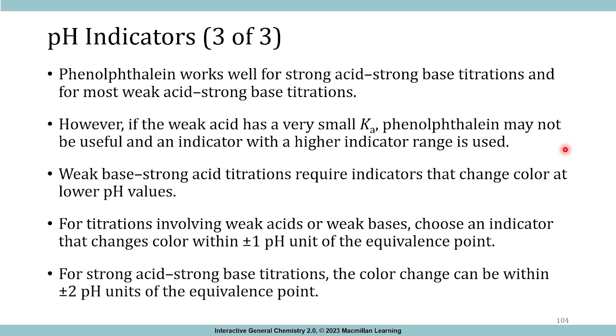It could actually be up in the pH 9s, right? In which case we would have been very, very far off. And so this may not actually be useful for those cases. It may need an indicator with a higher range that would give us an endpoint near the pH of our equivalence point. Now, I'll go ahead and pick up from here next time.